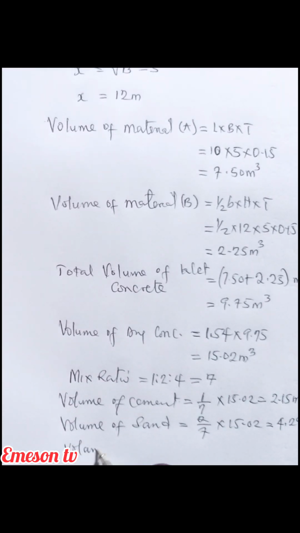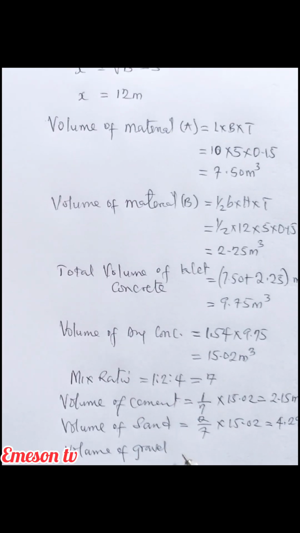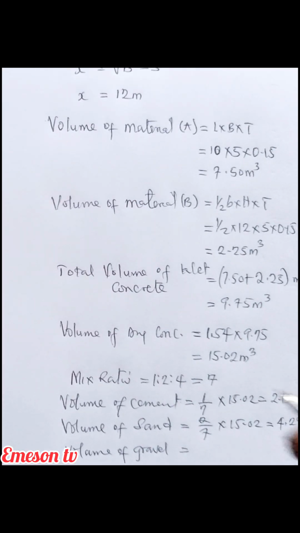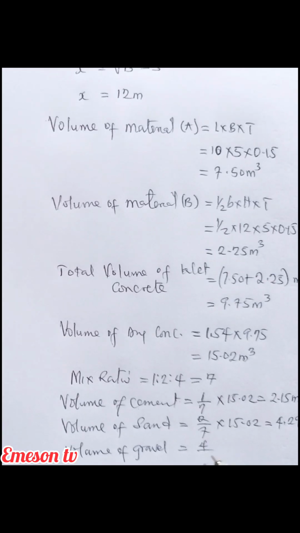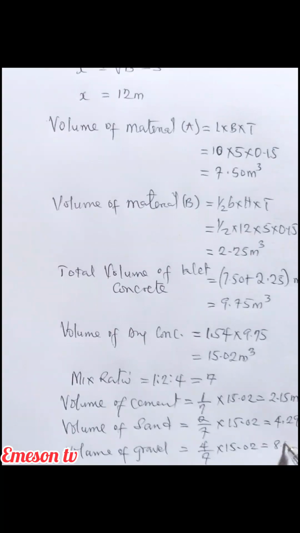Then the volume of gravel, which is coarse aggregate, becomes, this 4 is for that, 4/7 times 15.02. We have 8.58 meter cube.